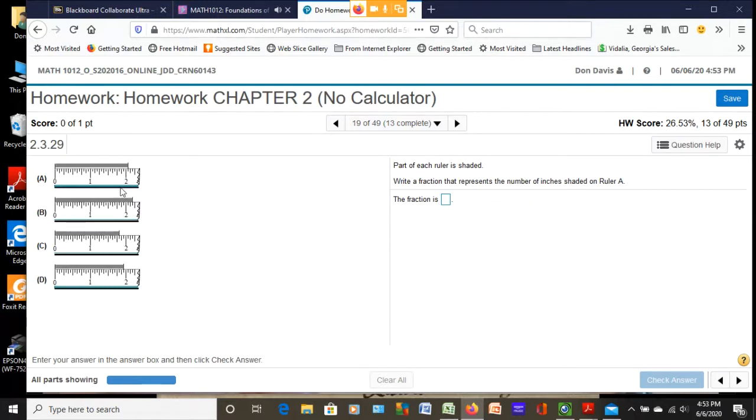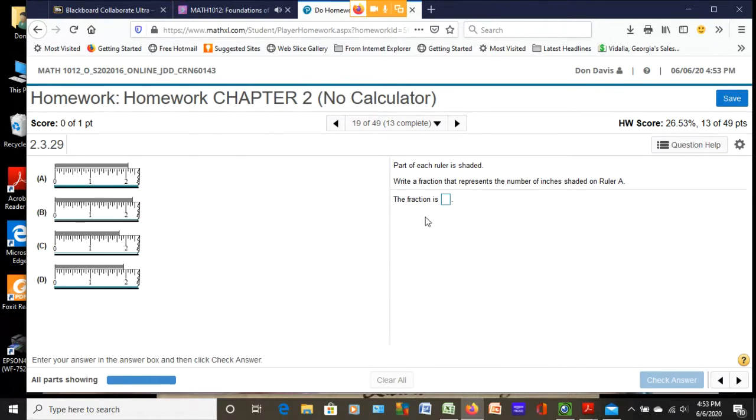Well, what they want me to do is say that 16 for 1 inch, another 16 for 2 inches, that would be 32 little pieces, and this one small one here is 33.